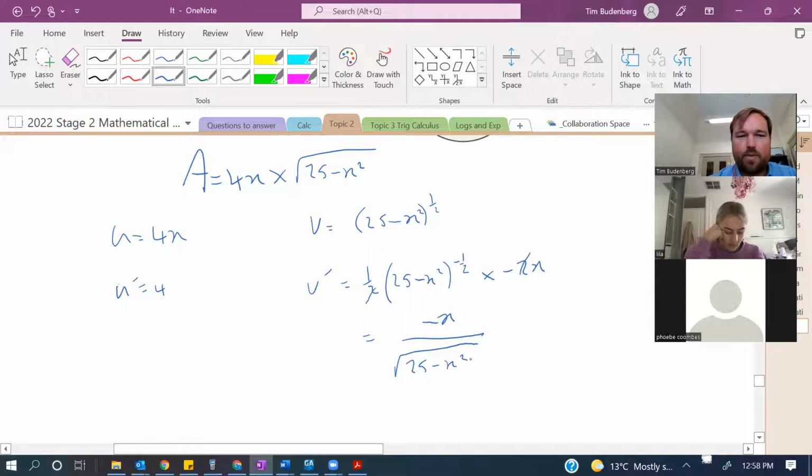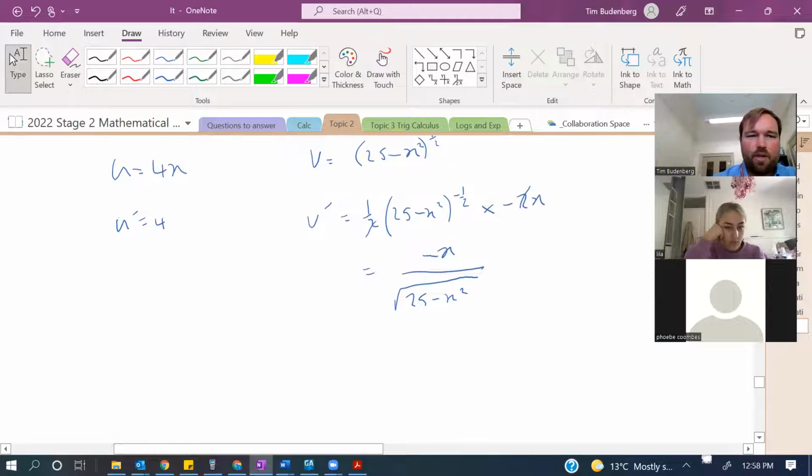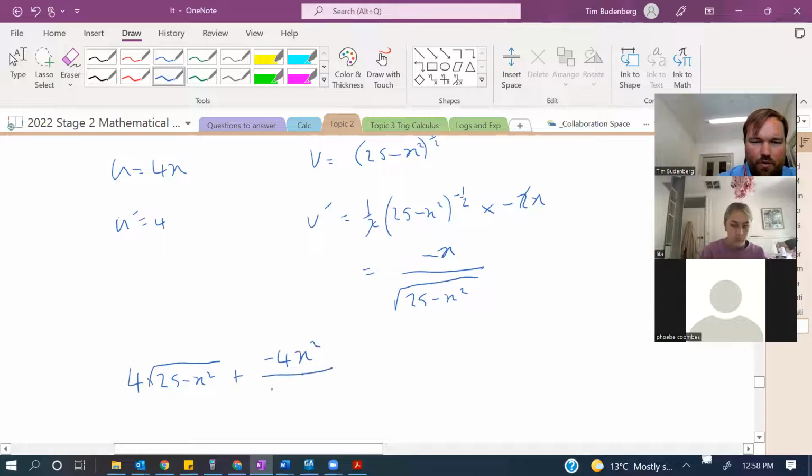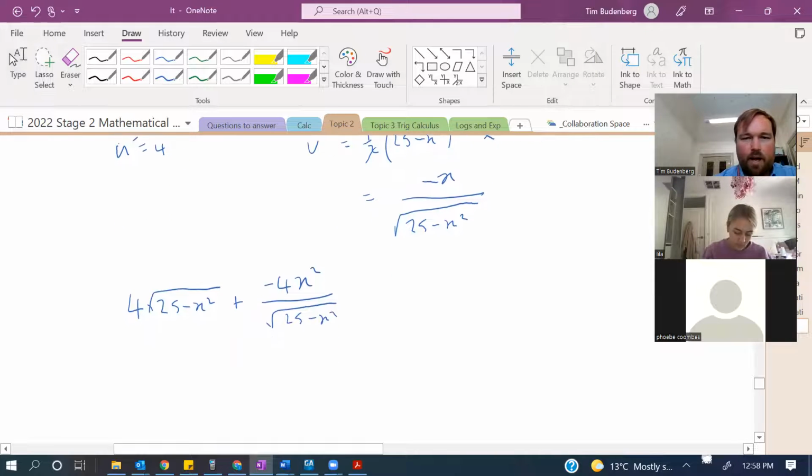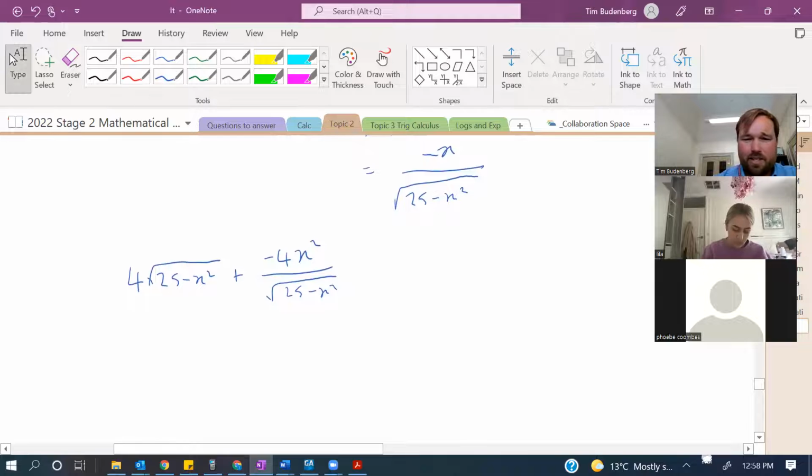All right, and then u dash v is 4 root 25 take x squared plus v dash u. That's going to be 4 root 25 take x squared minus 4x squared over root 25 take x squared. And you wanted to find the minimum of this by setting it equal to 0?